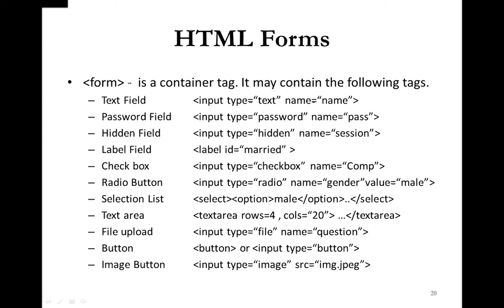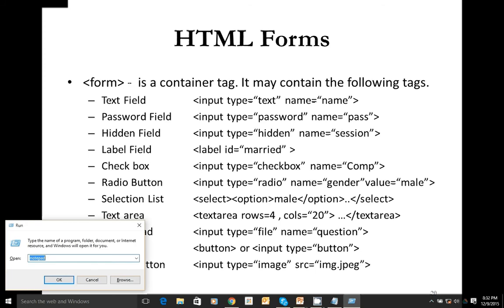So if you see the control fields, there is something called text box, password field, hidden field, label, checkbox, radio button, selection list, text area, file upload, button, image button. Let's look at these different control fields along with the form with the help of an example.